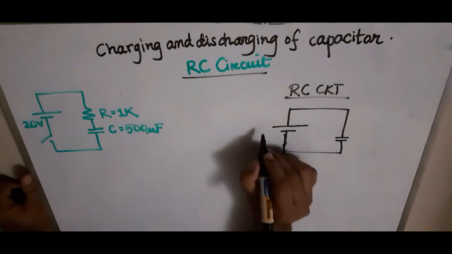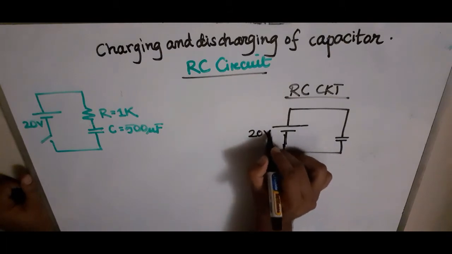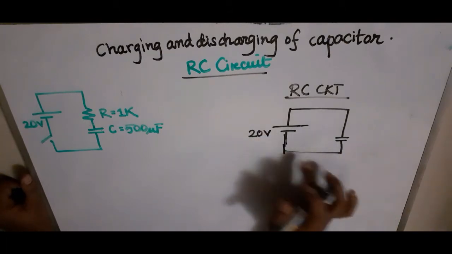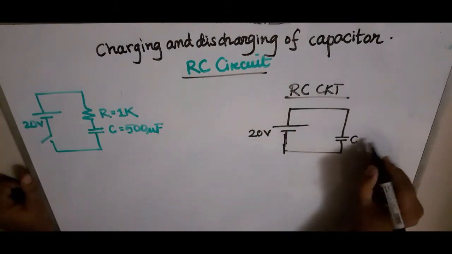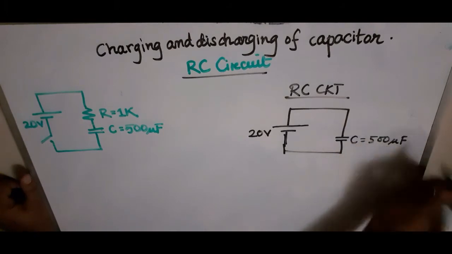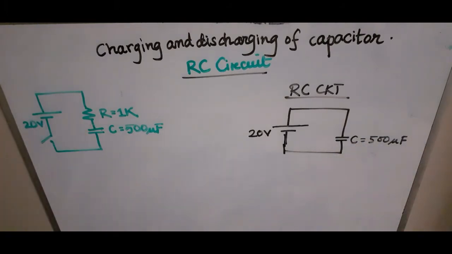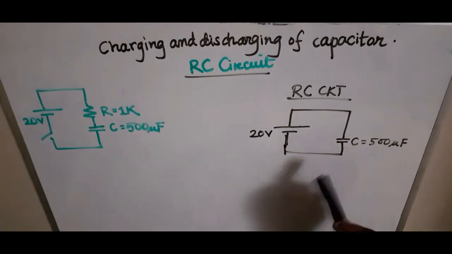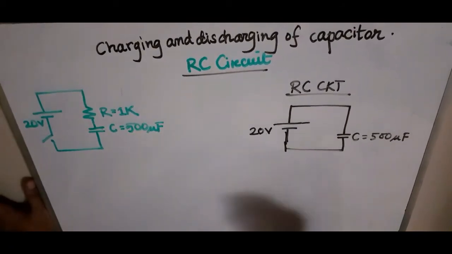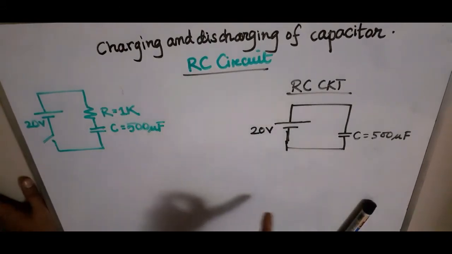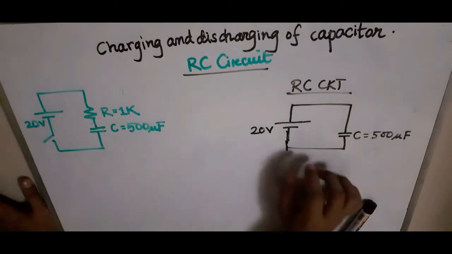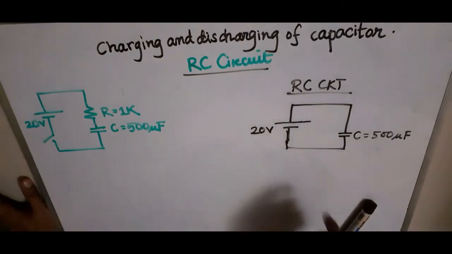So if we have a voltage source or a battery of 20 volts connected to a capacitor, let's say the value of the capacitor is 500 microfarad, what will happen in this case? Previously we talked about loops and branches as well. If I tell you that it's a closed loop, what will happen in this closed loop?